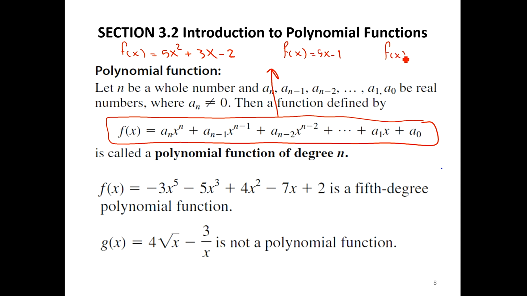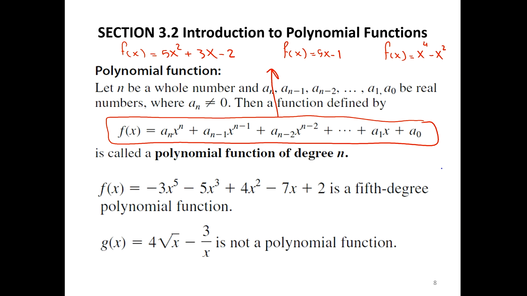Or f of x equal x to the power 4 minus x squared is a polynomial. So polynomial means that we have x in the numerator and the power of x is positive. We don't have negative powers for x, but the coefficient can be negative, positive, rational, any number.